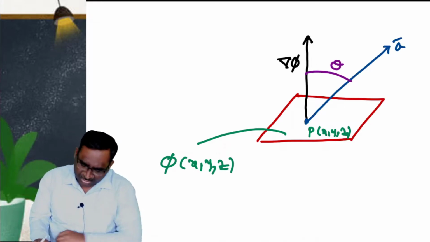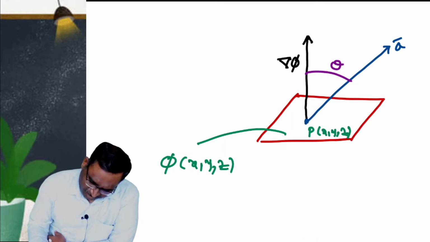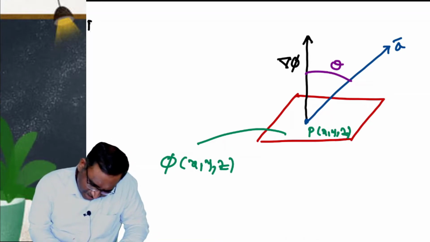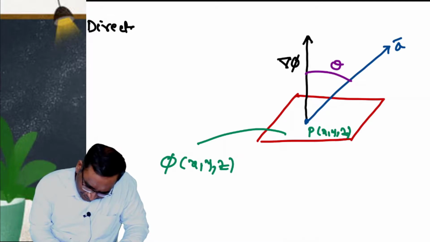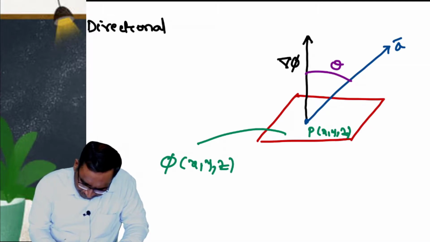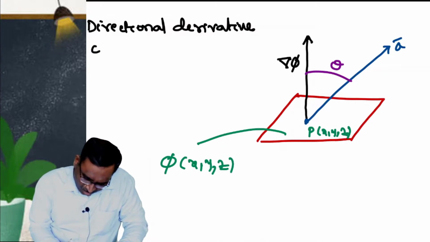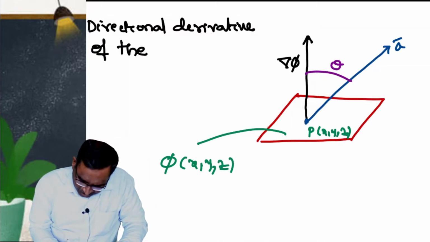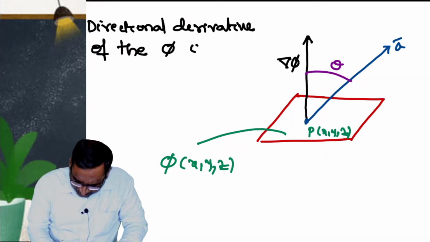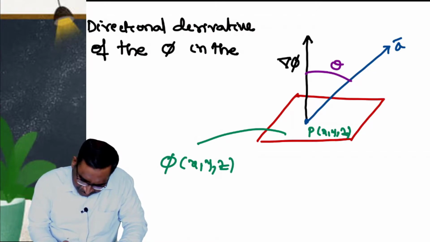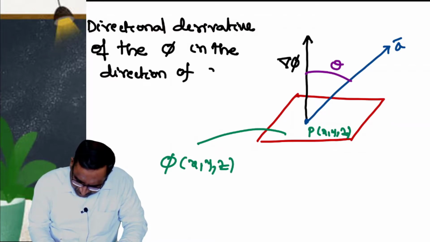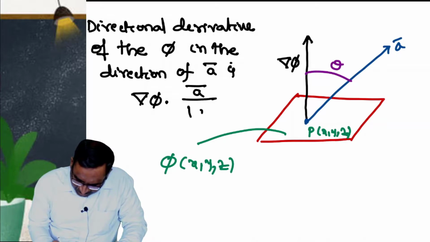Already we know the formula: the directional derivative of the level surface phi in the direction of A bar is del phi dot A bar by modulus of A bar.